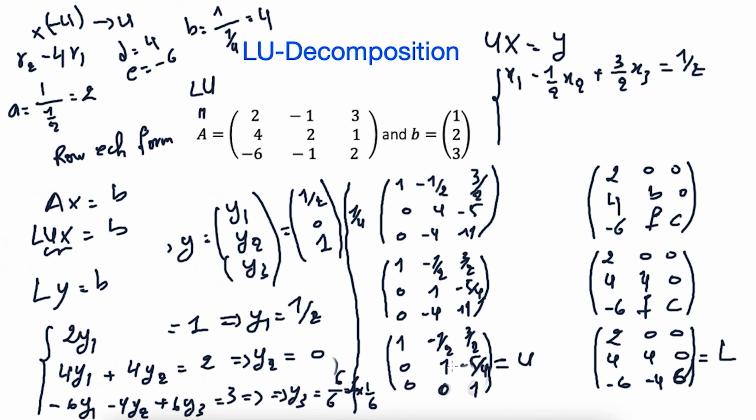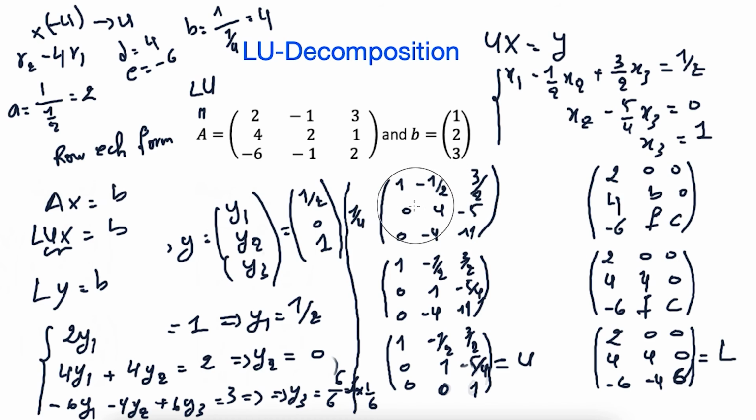And this 0 x1 plus x2 minus 5 over 4 x3 equals the value of y here, which is 0, and the last one is 0 and 0, so it will be this 1 times x3 equals the value of y3, which is 1.